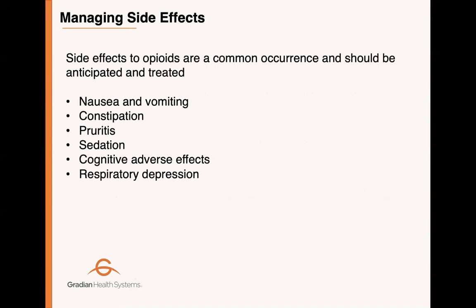So opioids usually have side effects. We all agree, opioids come with a lot of side effects, in terms of nausea, vomiting, constipation, pruritus, sedation, and even respiratory depression.